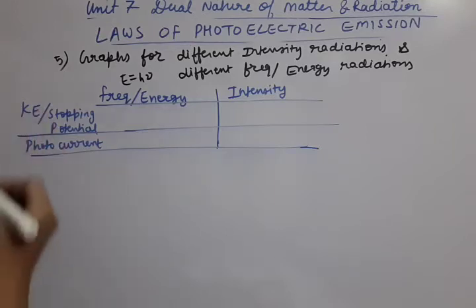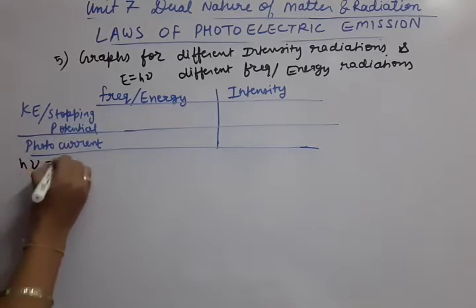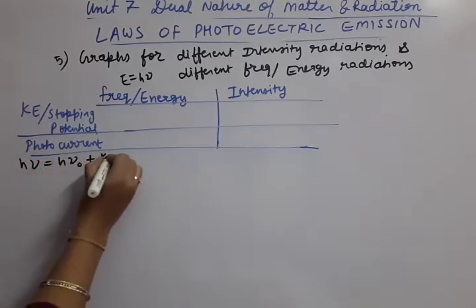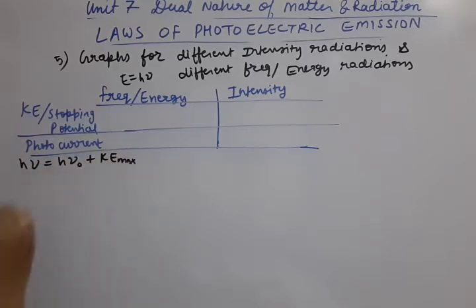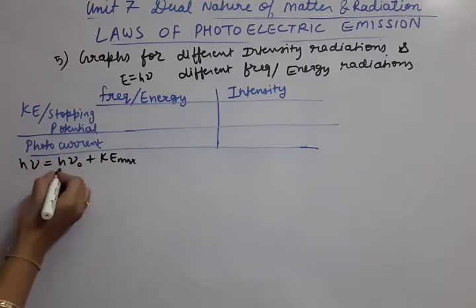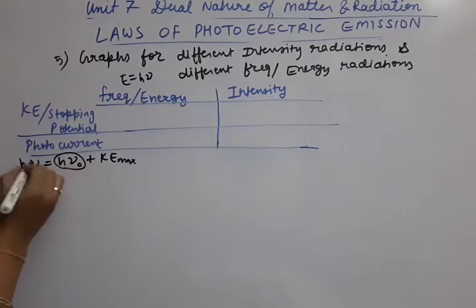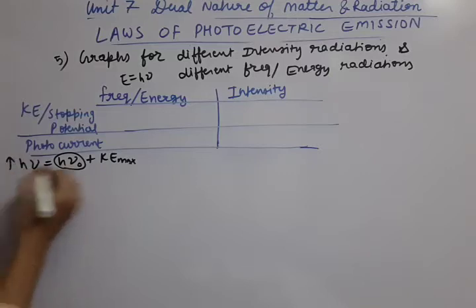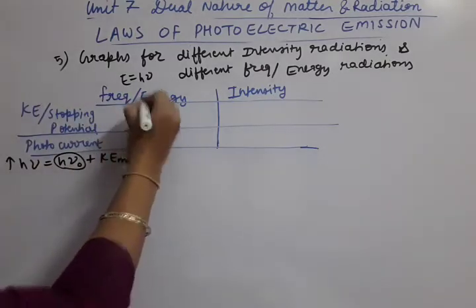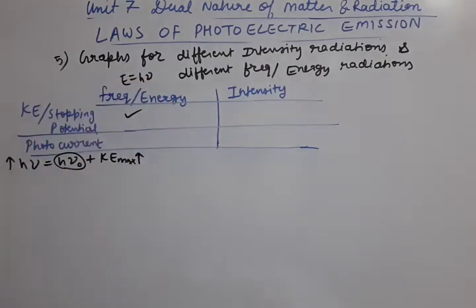We have already seen the Einstein equation, h nu equal to h nu 0 plus KE max. Here h nu 0 is fixed, the property of the metal surface. So if we increase the frequency or energy h nu of the incident radiation, kinetic energy will increase. That means kinetic energy depends upon the frequency or energy.